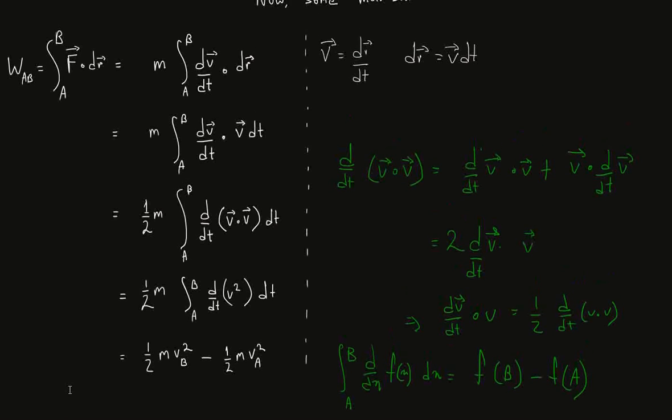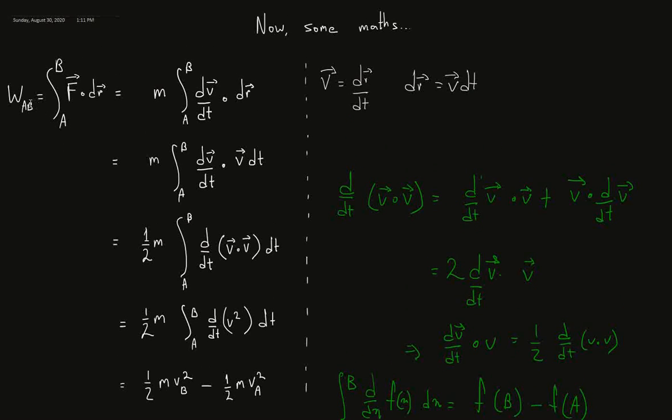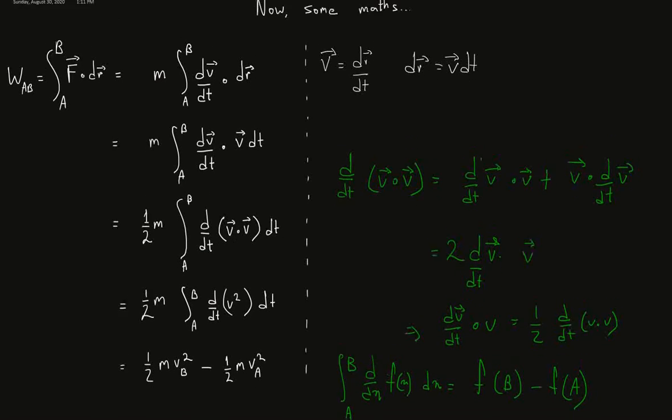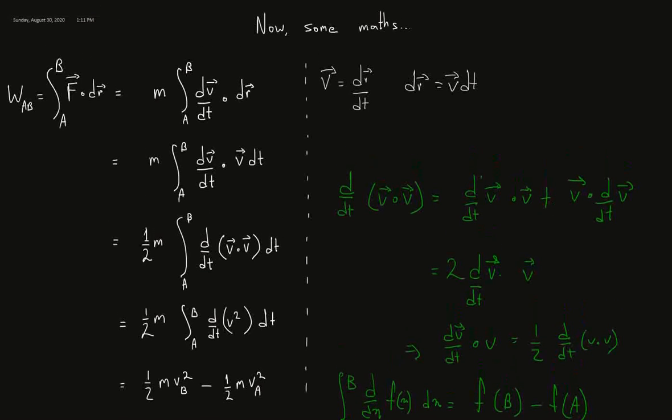But notice what we've found here. You found that the work done is the final kinetic energy, if the final velocity is v_b, minus the initial kinetic energy. In other words, the work done by the net force is the change in kinetic energy. And this statement that we've worked out here is known as the work-kinetic energy theorem.